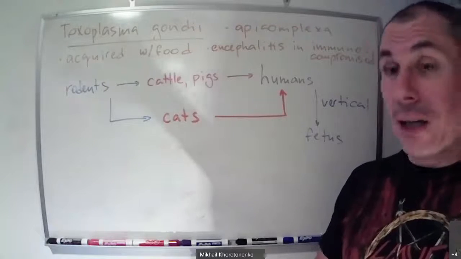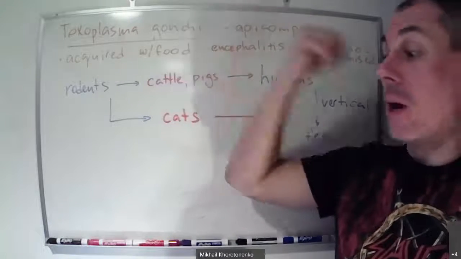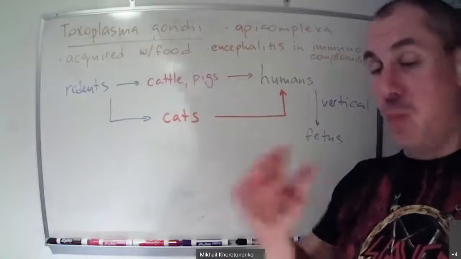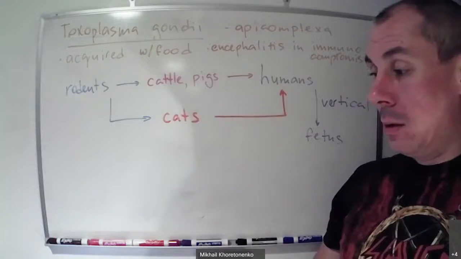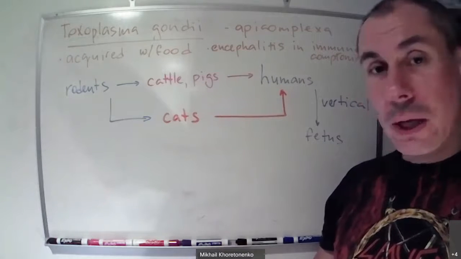Toxoplasma can cause pneumonia, but the main concern, quite frankly, for pregnant women is this. Like, seriously, that is a big no when we're talking about cats and pregnant women. I mean, cats are okay, but litter boxes are no-no. Okay?